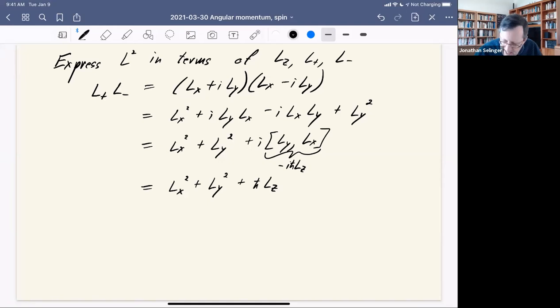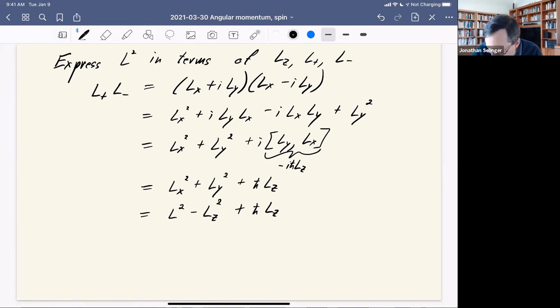Okay, and so what do we have? In this LX squared plus LY squared, for sure, that is L squared minus LZ squared, plus H bar LZ.